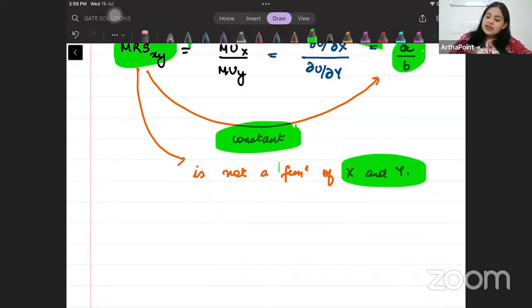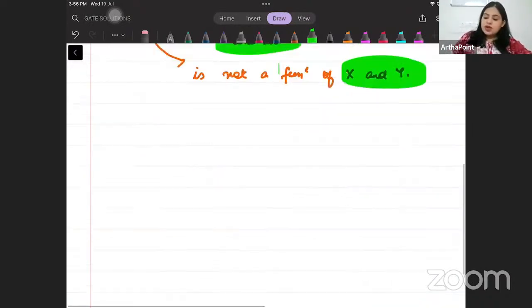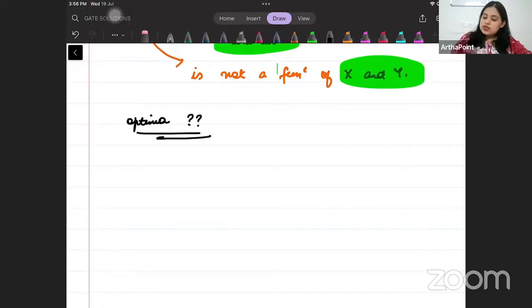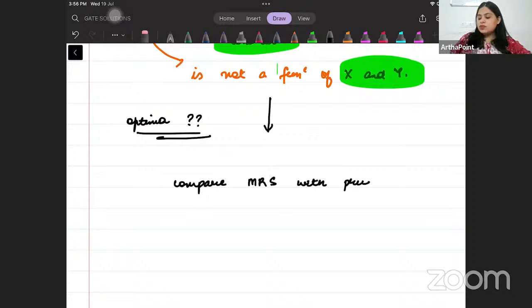ठीक है? But in such cases, what is your optima? So for optima, what you will do is you will compare MRS with price ratio.